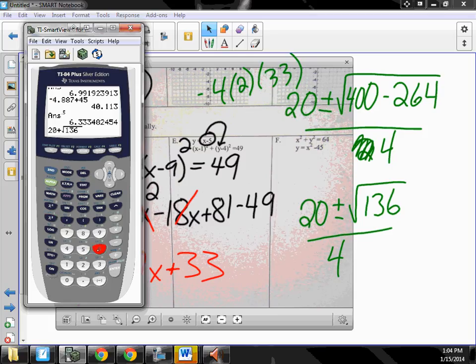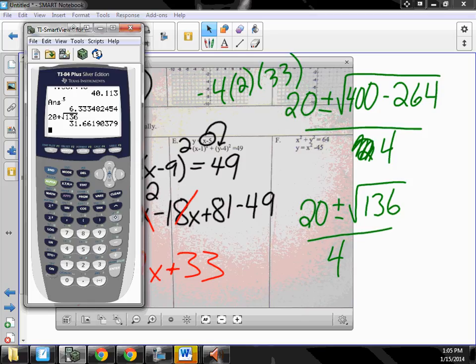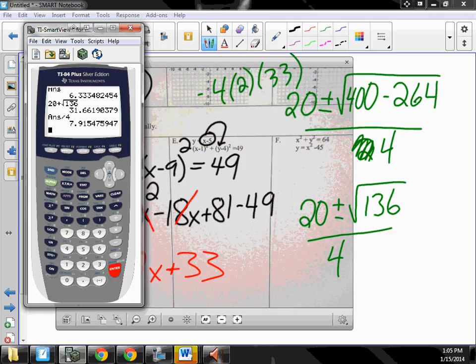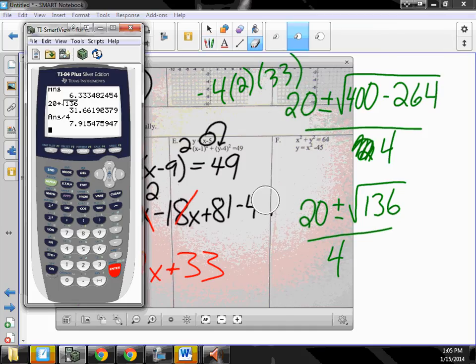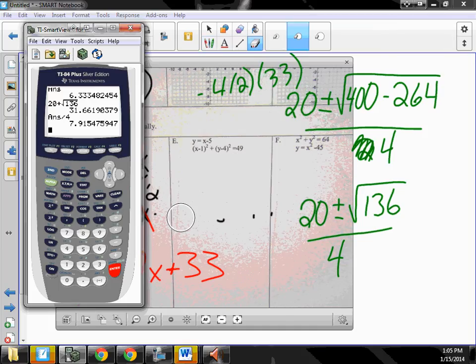Should I push divide 2 here? Or divide 4? Let's hit enter and then divide 4, right. It won't work the other way. So we get, are these x's or y's? These are x's. So x equals 7.91.